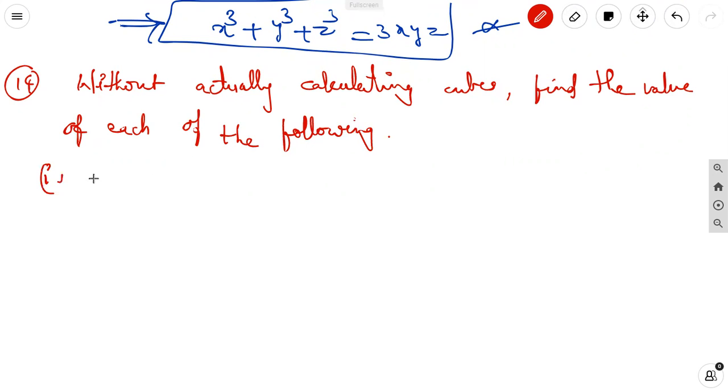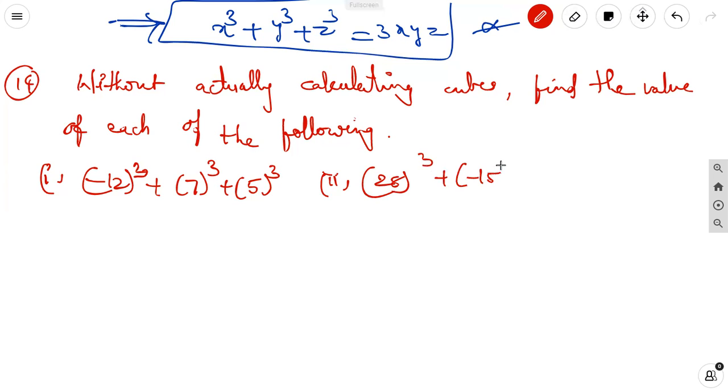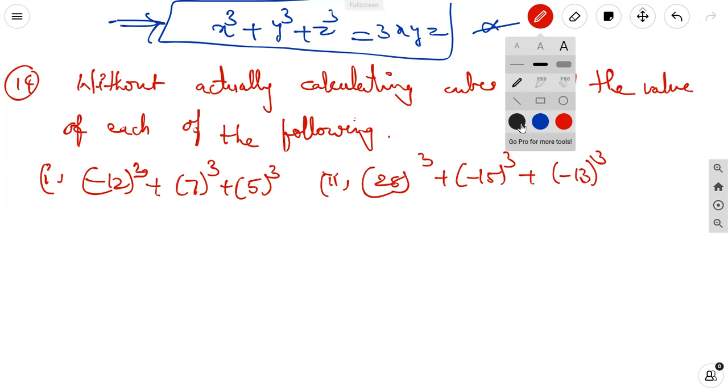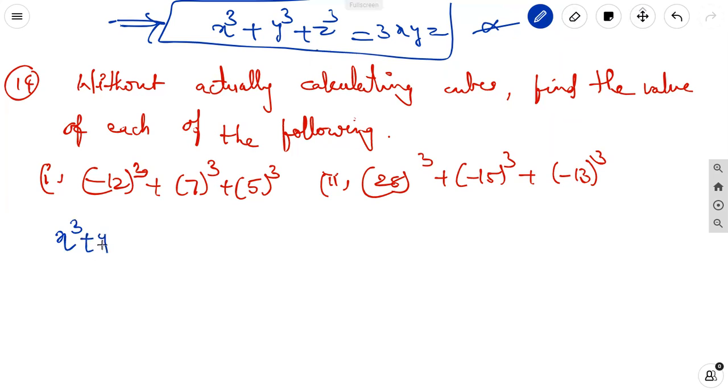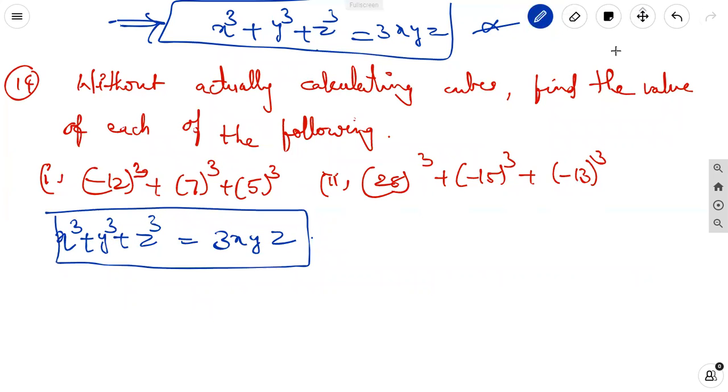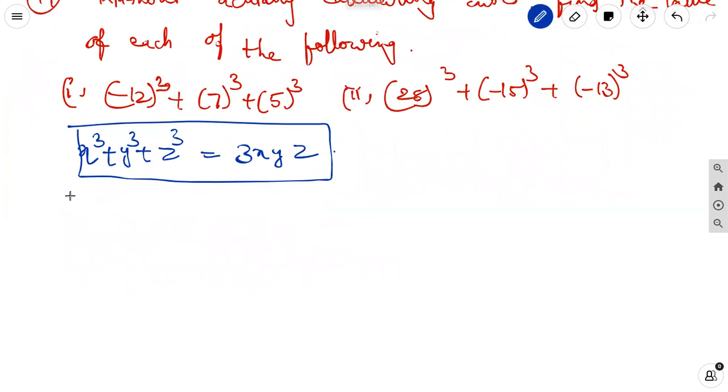The first: (minus 12) whole cube plus 7 cube plus 5 cube. The second: 28 whole cube plus (minus 15) whole cube plus (minus 13) whole cube. We have the relation x cube plus y cube plus z cube equal to 3xyz. This relation we are using for these two without calculating the actual cubes.